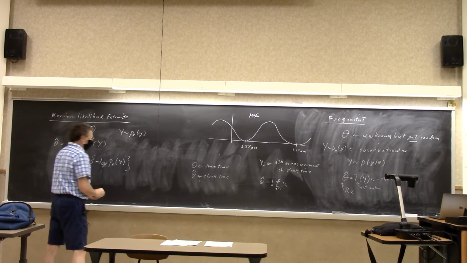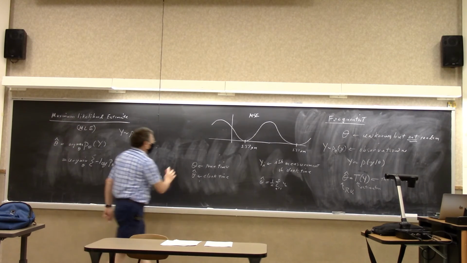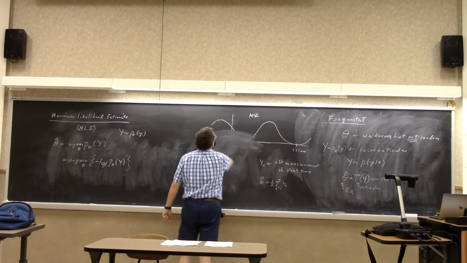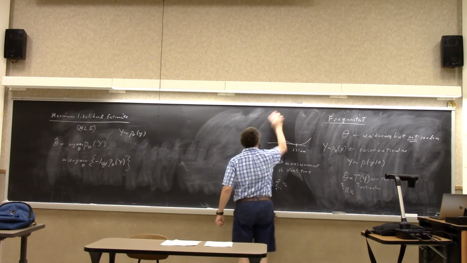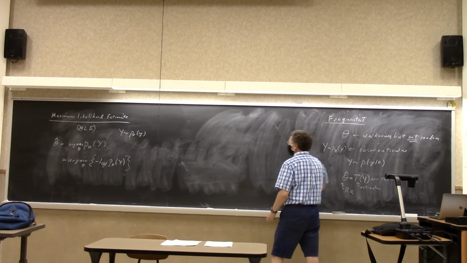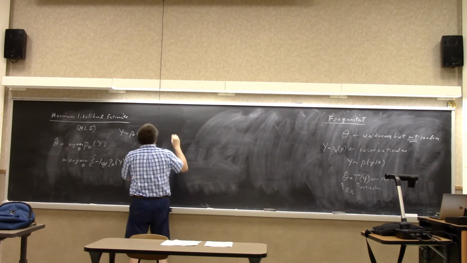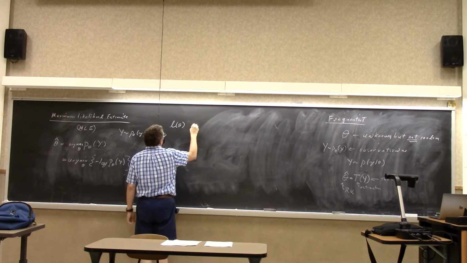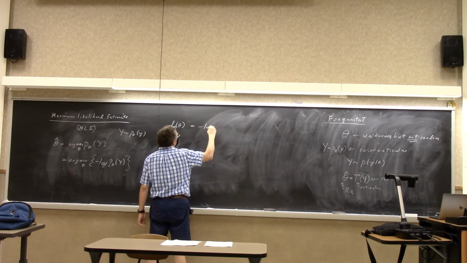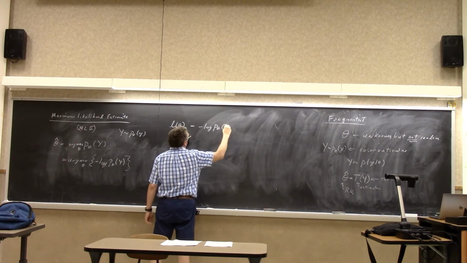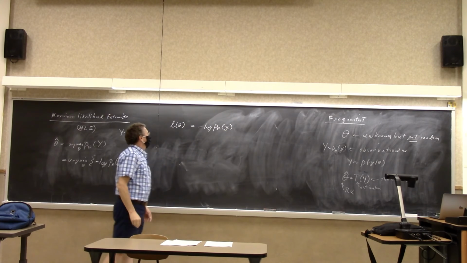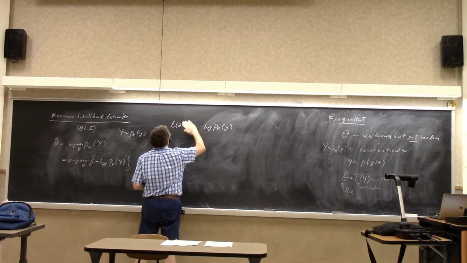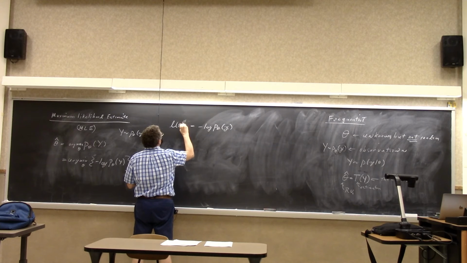The way this works is that L of theta is equal to minus the log of p theta of y. And what I could do is also maybe put a semicolon here, and I'll put a y.